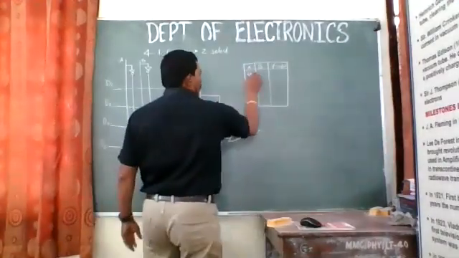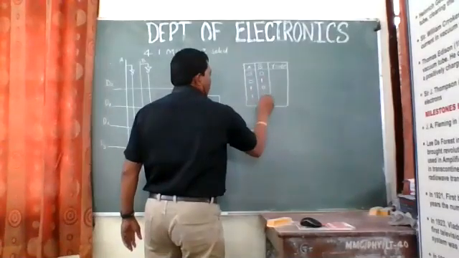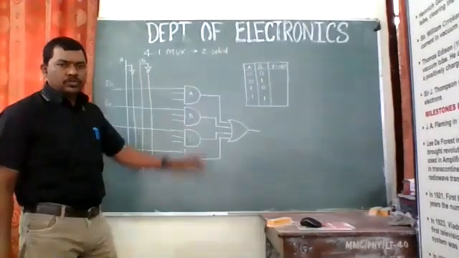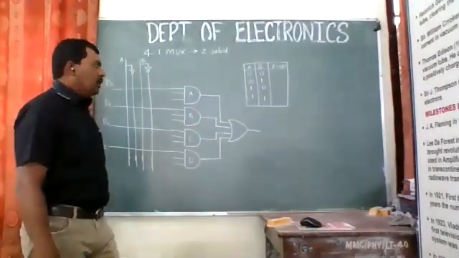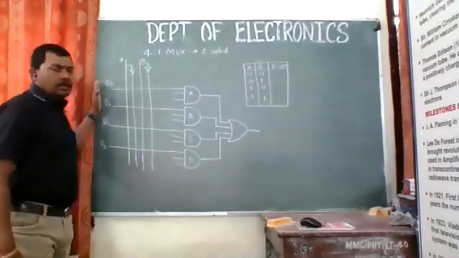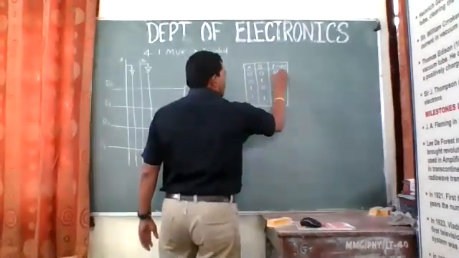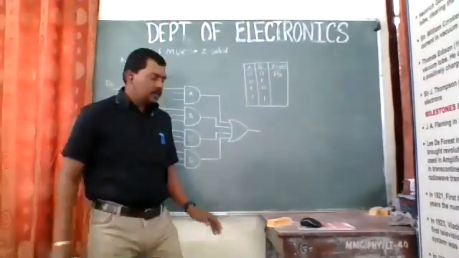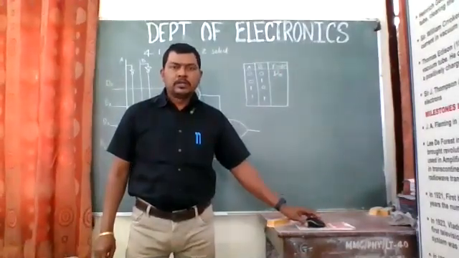So it is having 0 0, 0 1, 1 0, 1 1, right? For the first combination of 0 0, we require that the first input line, that is D0, should be selected. So I'll write the output Y to be D0 like this, right? Have you got this? How I am writing that?